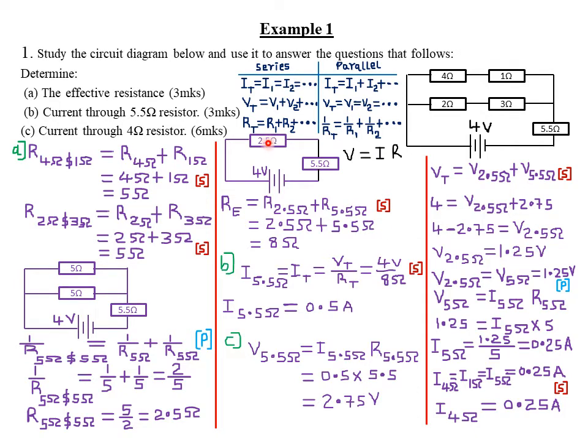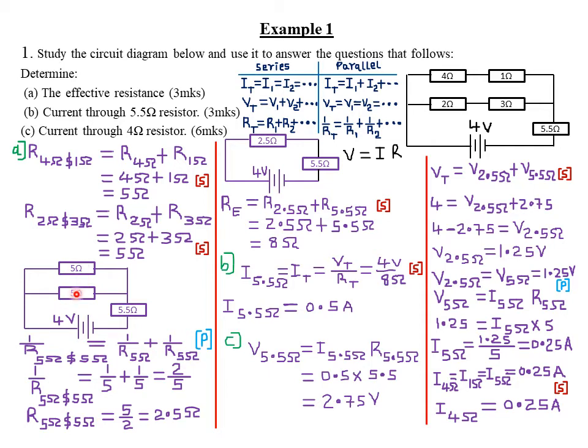Now remember that the 2.5 ohm resistor is actually a combination of the 5 ohm resistor and the 5 ohm resistor. And because the 5 and 5 ohm resistors are in parallel connection, the voltage that is entering this junction is equal to the voltage through the 5 ohm resistor and the voltage through the other 5 ohm resistor.